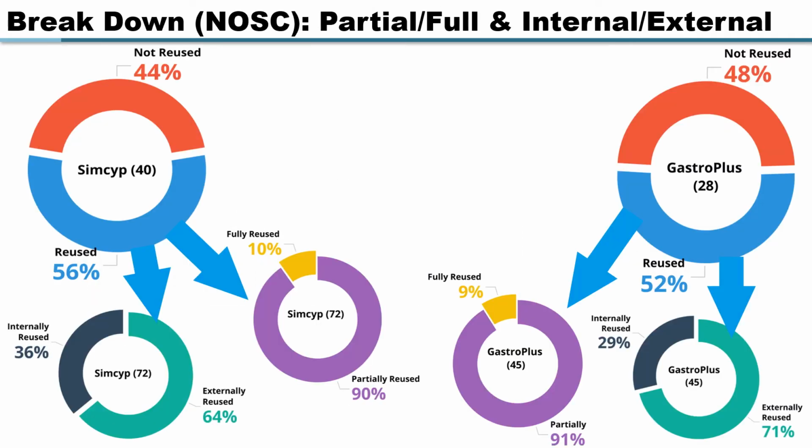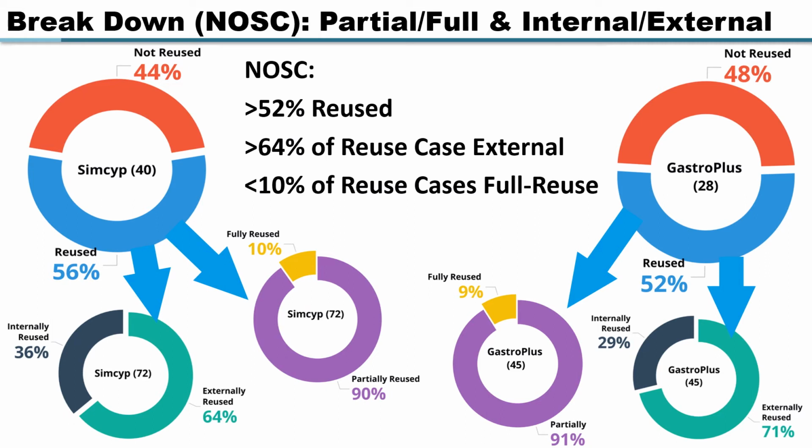Here are the individual breakdowns for the two non-open source code platforms, SimSip and GastroPlus. You can see the numbers based on each of these software. The reuse cases were, as I mentioned earlier, much higher than the open source code, and also the external use was very high, both for SimSip and GastroPlus.